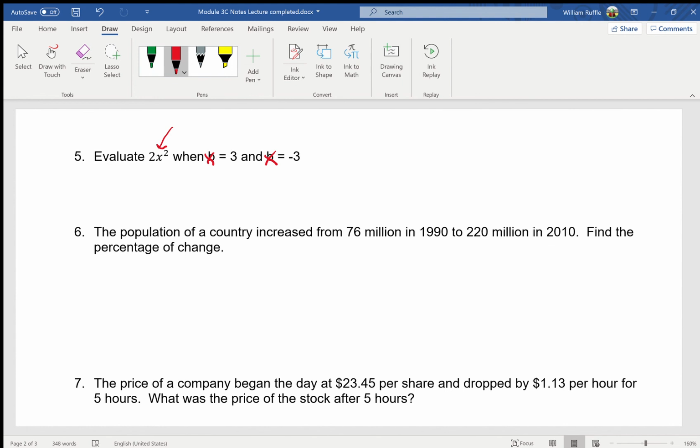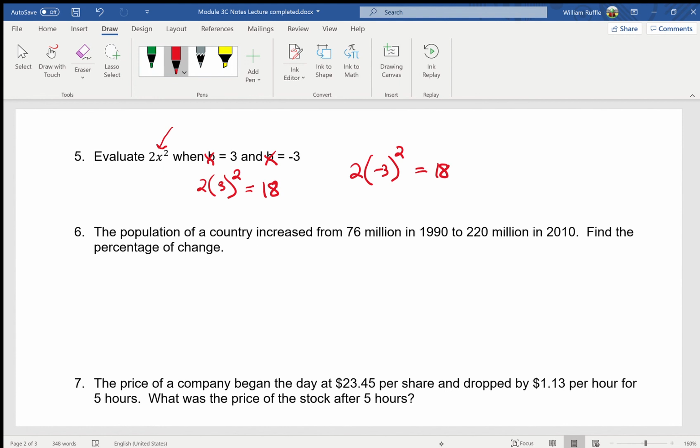But when I put it in, it's going to be 2 times 3 squared. The calculator again will do this. So I have to do 3 squared first, so that's 9. 2 times 9 is 18. But when I do the negative 3, I actually get the same answer, because I have to do negative 3 squared first, which is positive 9. 2 times 9 is 18.